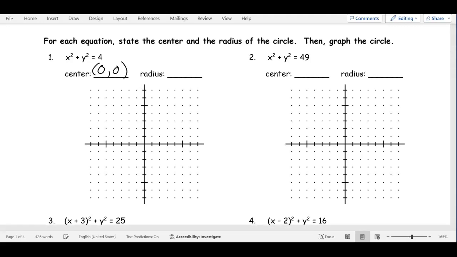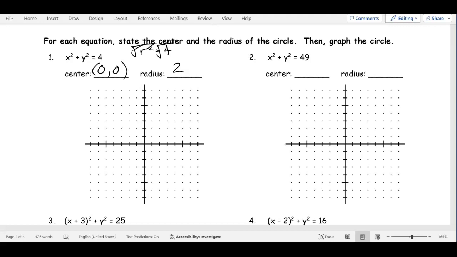And the radius, if this says 4, please remember r squared equals 4. So what do you have to do to get the r? Square root. What's the square root of 4? What times itself is 4? 2. Okay, so please be careful on number one. It's not 4 for the radius, it's 2.